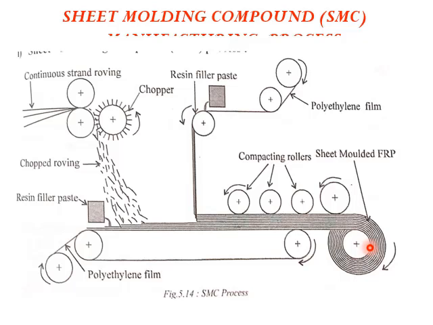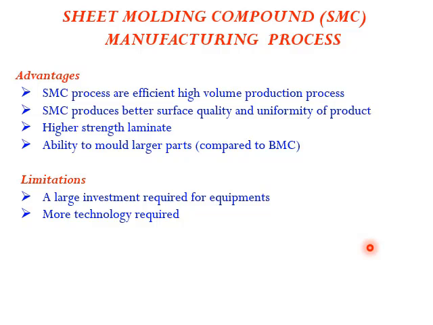Now what are the advantages? The process is an efficient, high volume production process. SMC produces better surface quality and uniformity of the product, high strength laminates, and the ability to mold larger parts. Limitations: a large investment is required for equipment, and more technology is required.